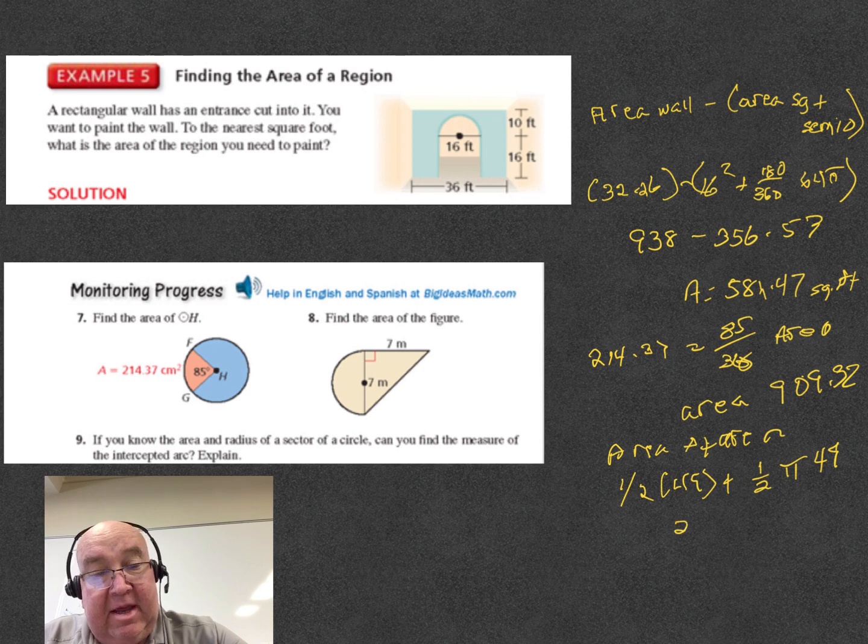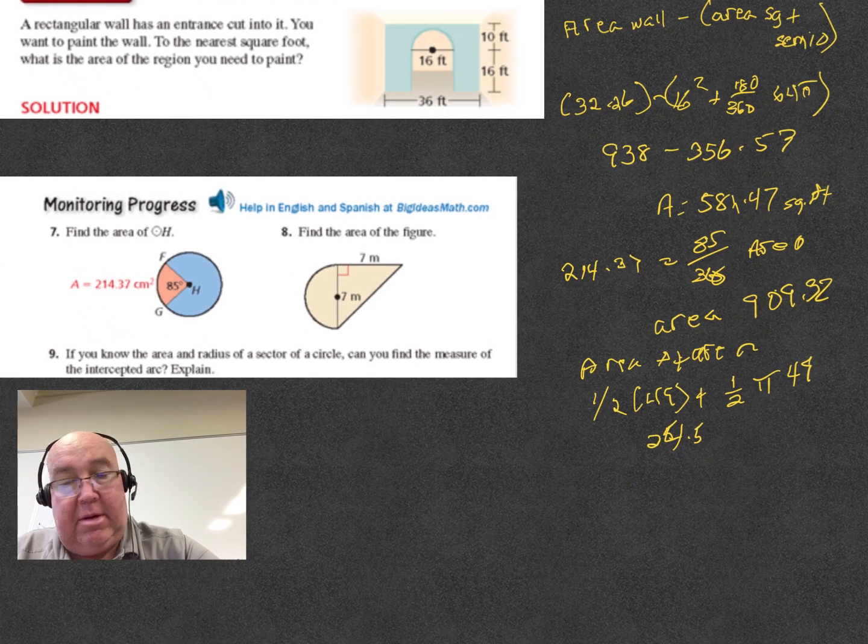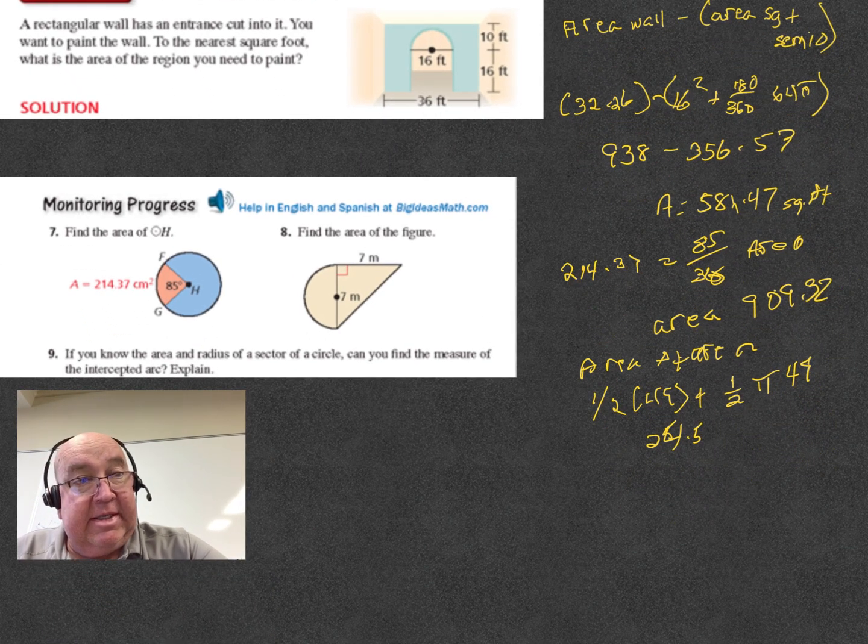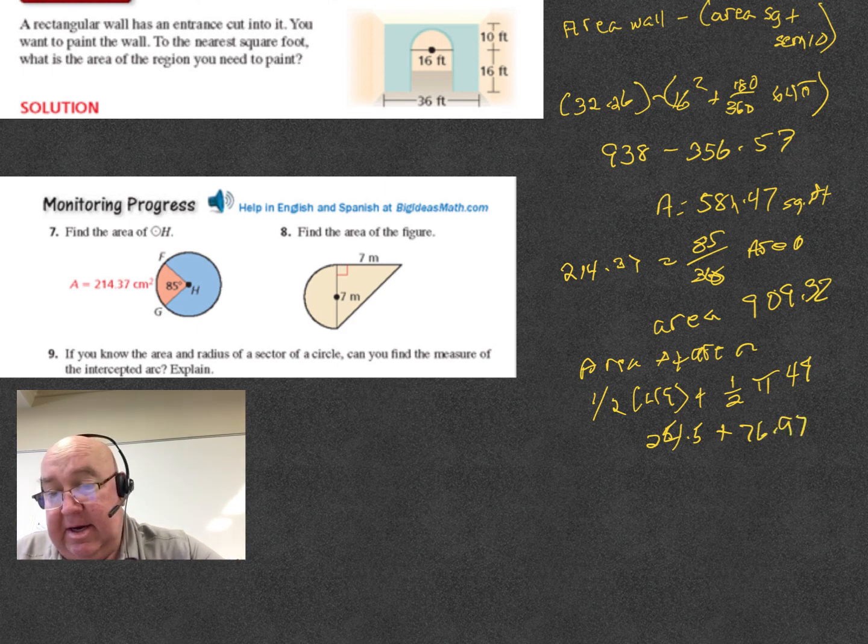We get 24.5 plus 76.97, and we get area is equal to 111.47.